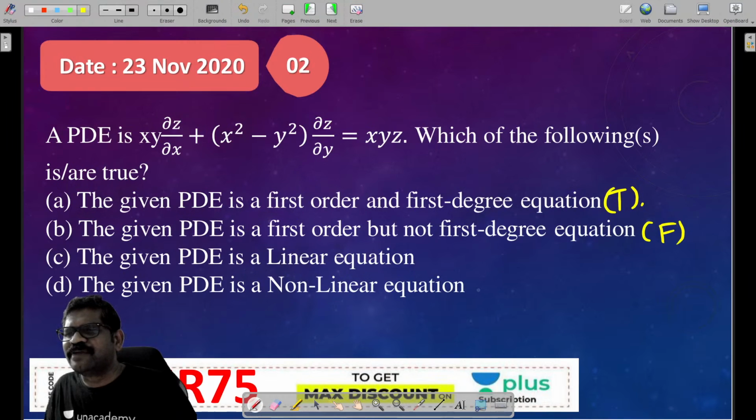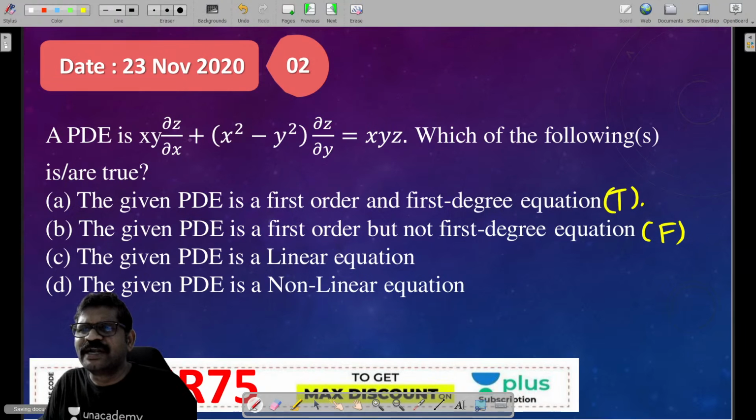So what is dependent variable? Z is dependent variable. Independent variables are x and y. Now the dependent variable occurred with the degree 1. If the dependent variable is occurred with degree 1, then it is linear.